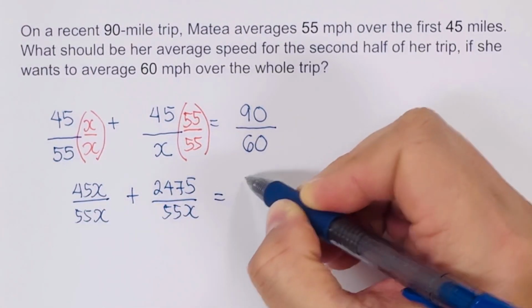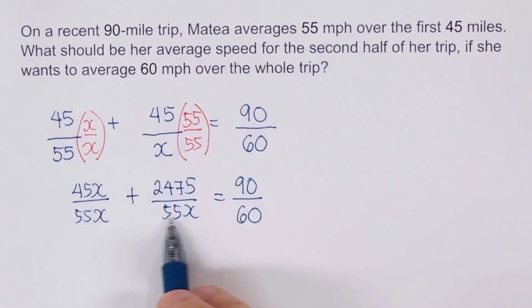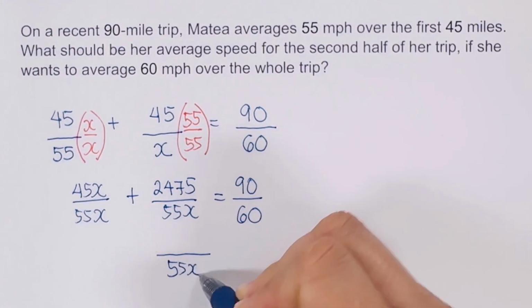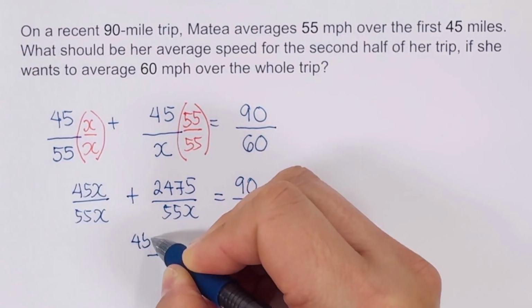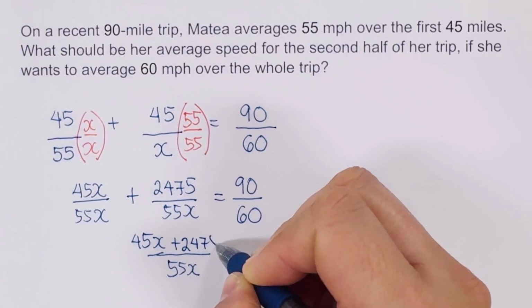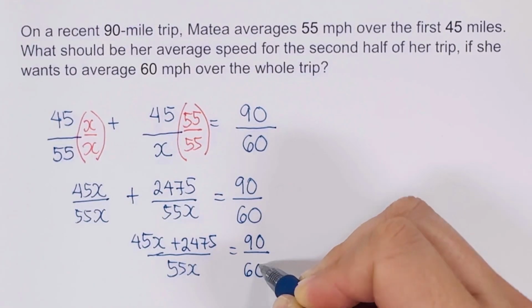And that is equal to 90 over 60. If you notice, we already have the same denominator, so we can write down 55x. And we can write the numerator, we're adding them. So that is 45x plus 2,475, and that is equal to 90 over 60.